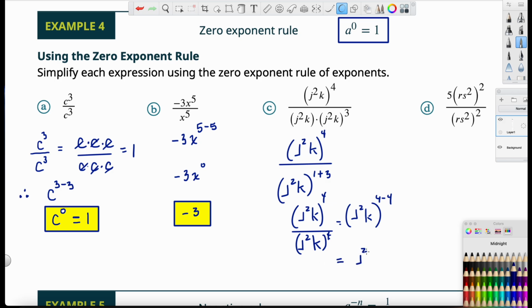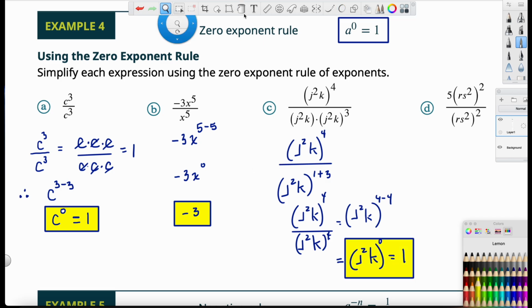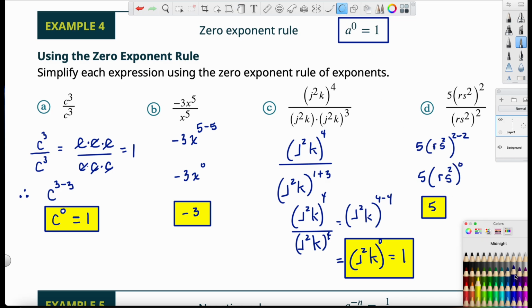Therefore, they would both cancel. So j to the 2nd times k, all raised to the 0, would be 1. In our last example here, I hope you see that it's the same expression in the numerator and denominator, so those would cancel, just leaving us with 5.